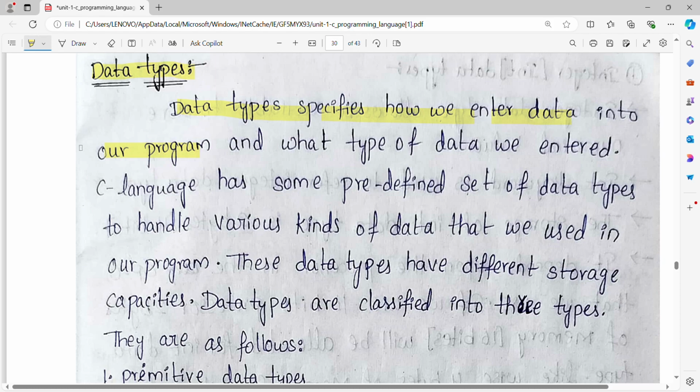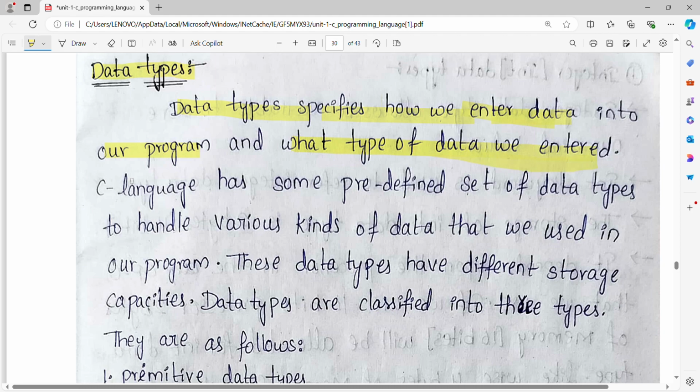So according to the concept of data types, these are the two main important things: how we enter the data and what type of data we entered.